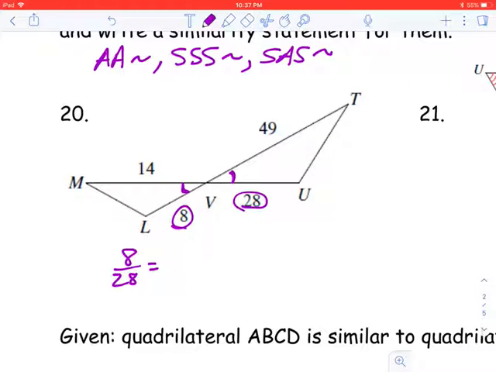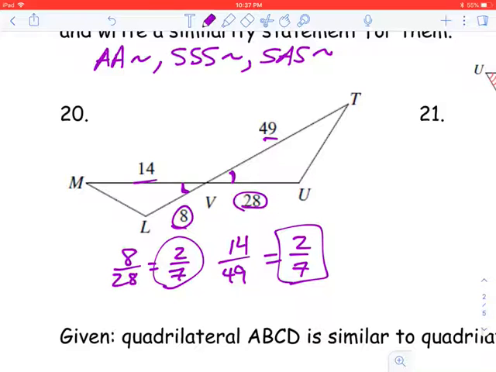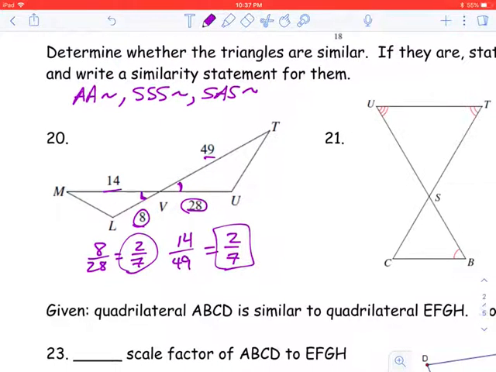So if I divide by 4, I get 2 over 7. And then same thing here, 14 over 49. Well, if I divide by 7, I get 2 over 7 there. And so those are similar because the two sides are proportional and the angle between them is equal.